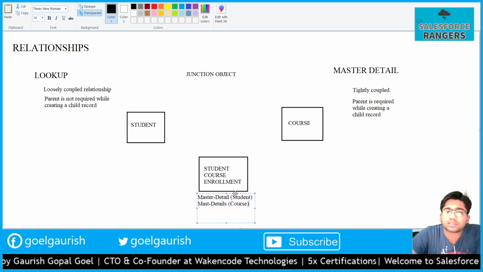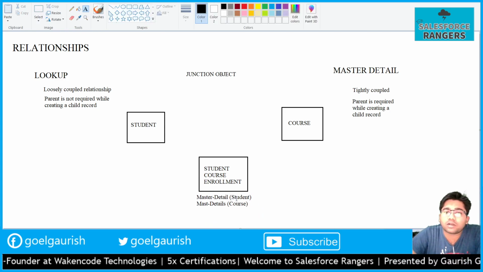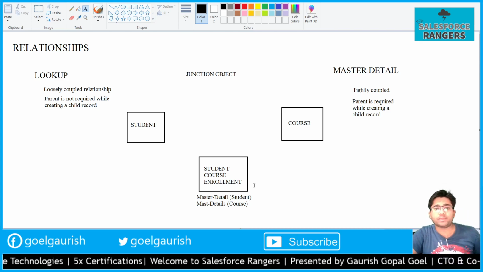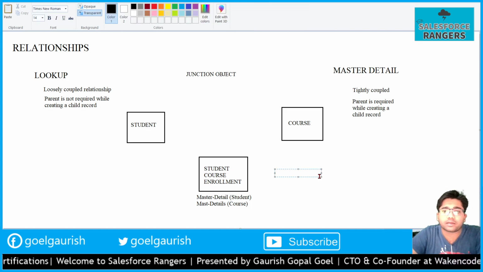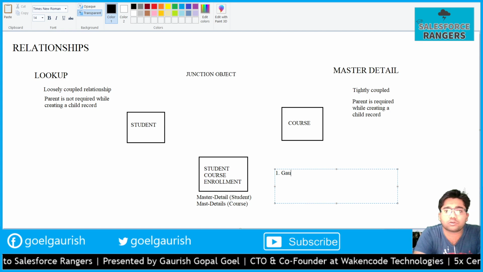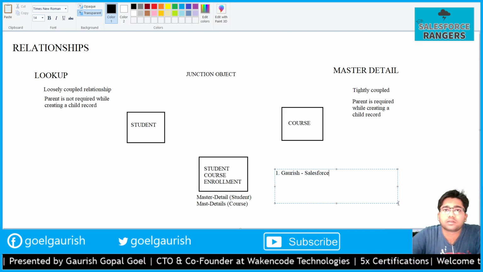which means that we cannot create a record in this object or in this table without one student and one course. So how will it behave now? In this object I am going to create a few records here. First record is Gaurish as a student and Salesforce as the course.